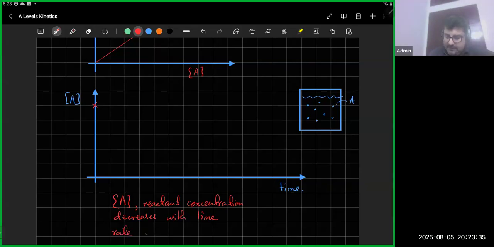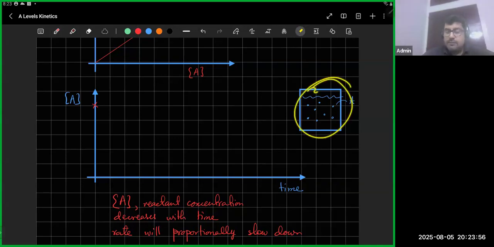So the rate will proportionally slow down. Right now at the start, A's concentration is let's say 1 mole per dm cube. After some time, A will get used up and it will become 0.5 mole per dm cube. So the rate of reaction will become exactly half.